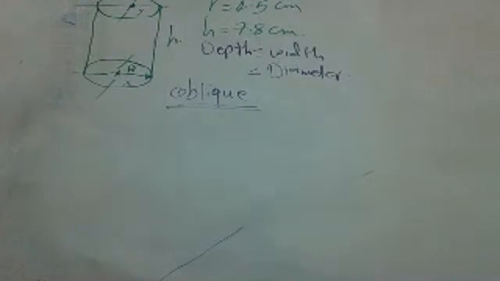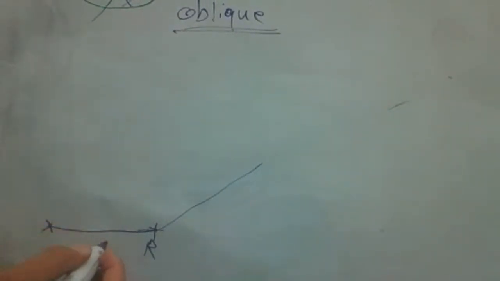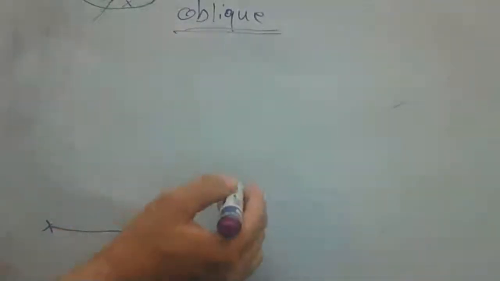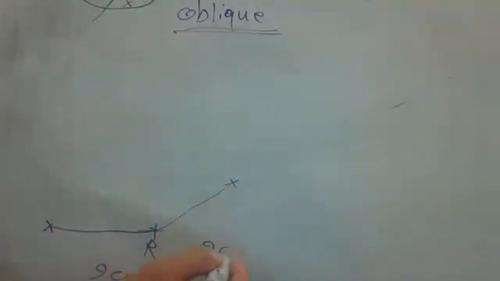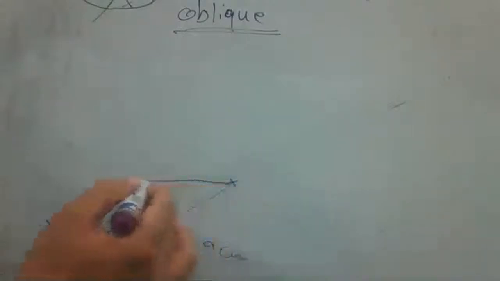How much is the diameter? The radius is 4.5 centimeters, so the width and depth are 9 centimeters each. This is the width and the depth of the circular shape that represents the basement of the cylinder.